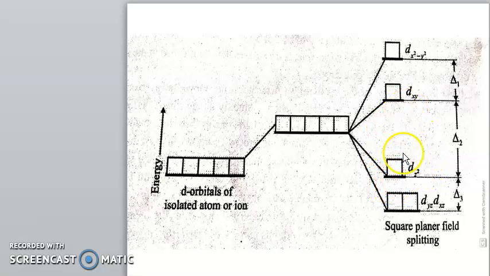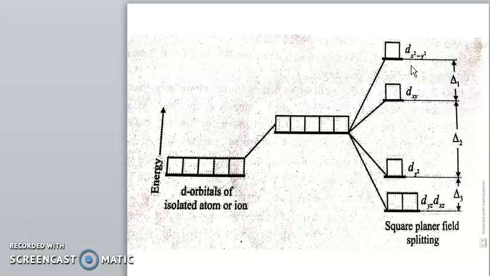So dz² comes to the lower side and dxy energy increases. Here dyz and dxz have the same energy, then a little more energy for dz², then higher energy for dxy, and the highest is dx²-y².